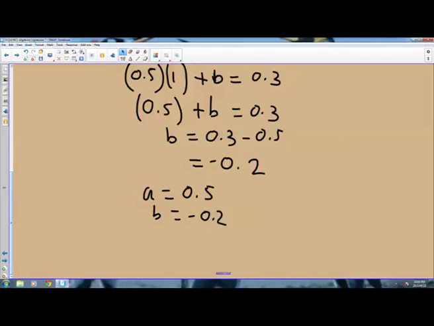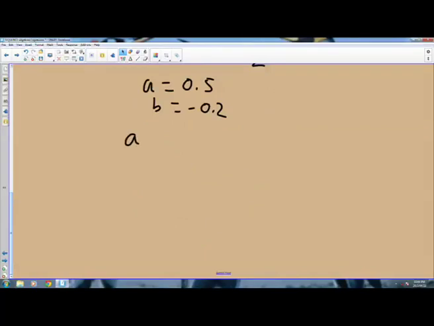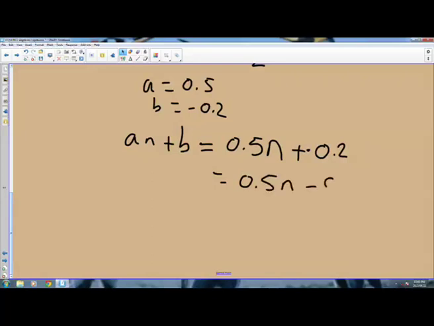We now substitute this in the general form AN plus B, which will give us 0.5, which is the value of A, times the position N, plus negative 0.2. This will be 0.5 N minus 0.2.